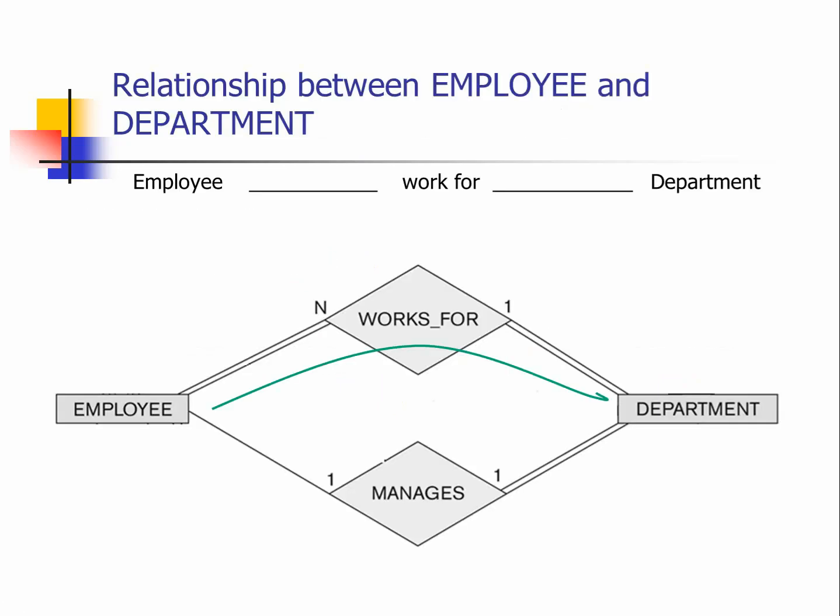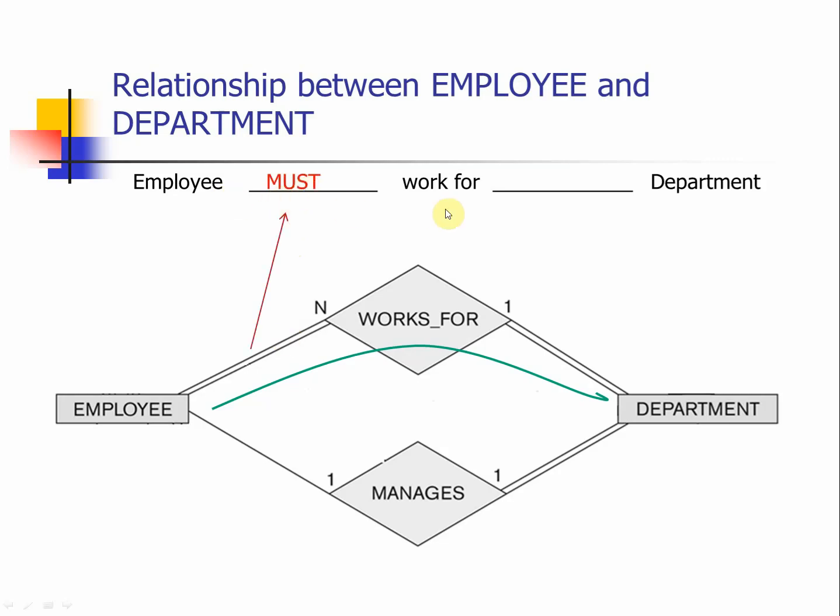Come back to the example that we keep using over here: employee works for department. When we try to explain this relationship, we can simply write out employee works for department. Now let us dive into the meanings here. For employee, since we have a double line over here, it is the word must.